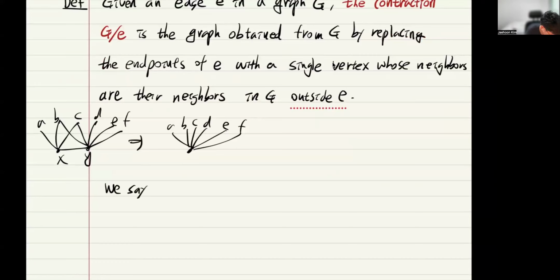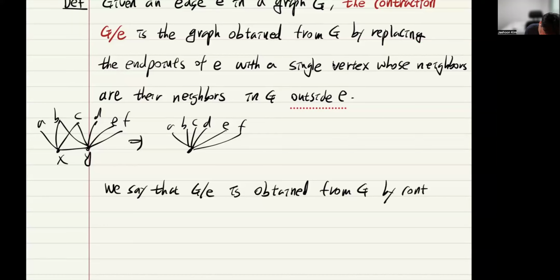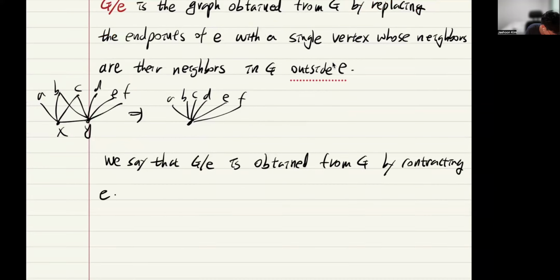And we say that G/e is obtained from G by contracting e.